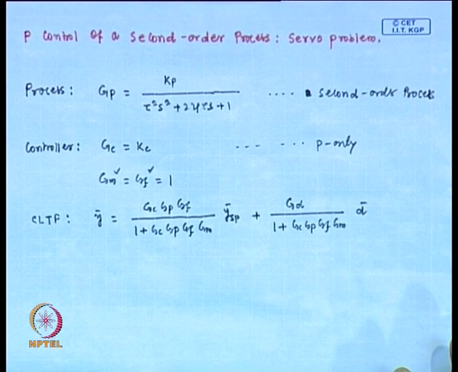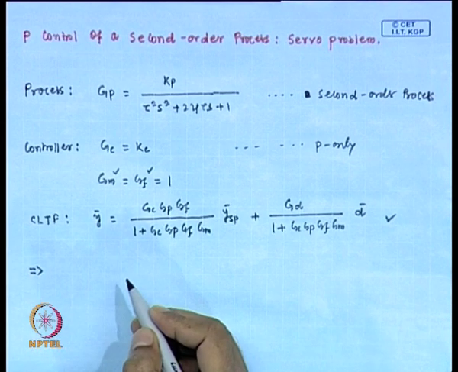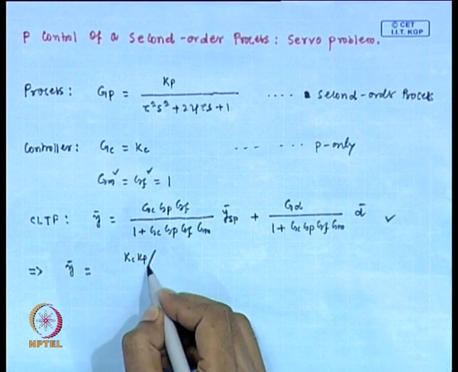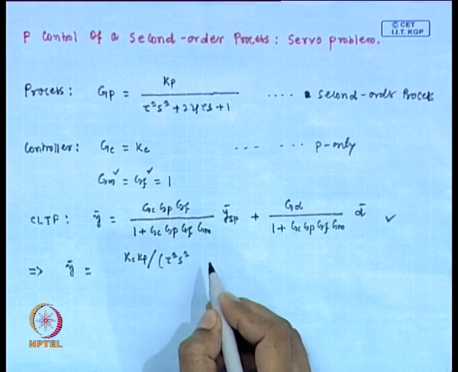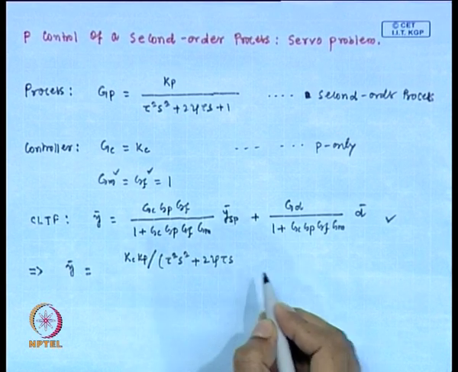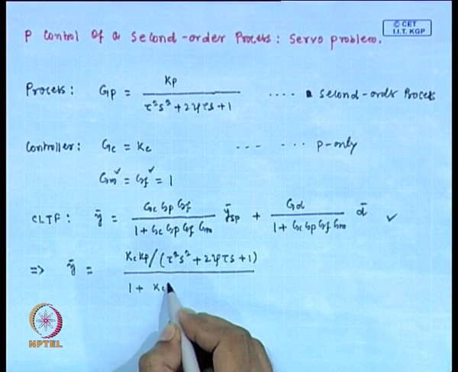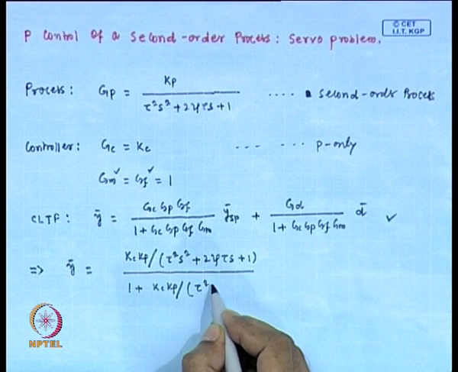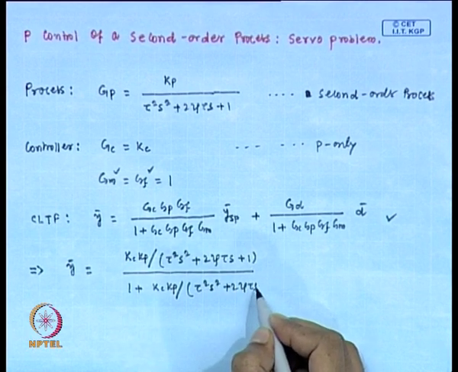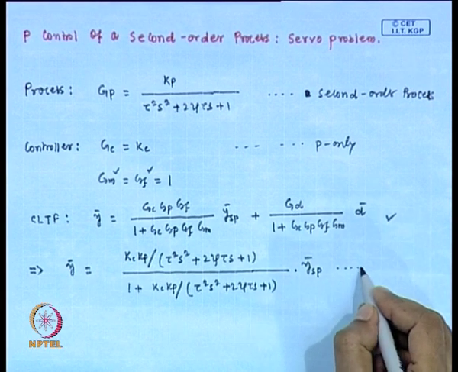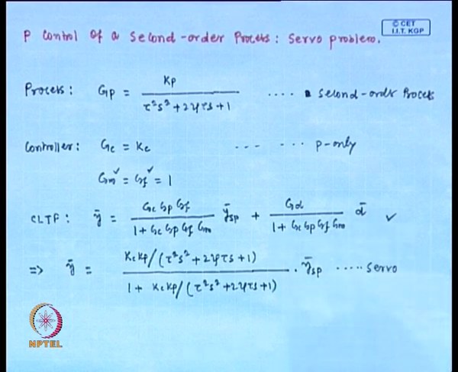Now, substituting all the individual transfer functions in this generalized form, we obtain y bar equals Kc Kp divided by tau square s square plus 2 zeta tau s plus 1, whole divided by 1 plus Kc Kp divided by tau square s square plus 2 zeta tau s plus 1, multiplied by y set point bar, and this is the closed loop transfer function for the servo problem.